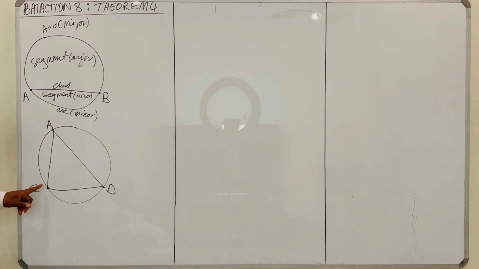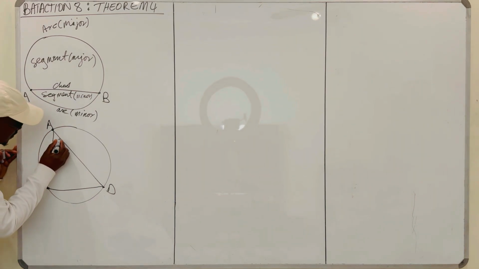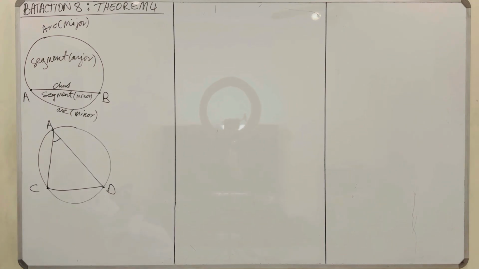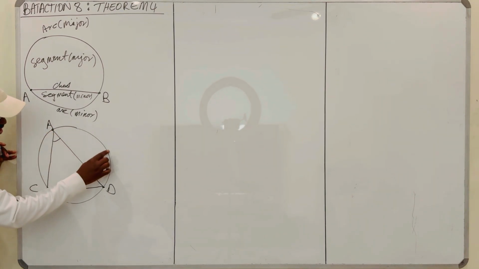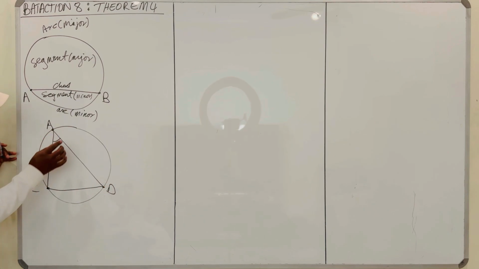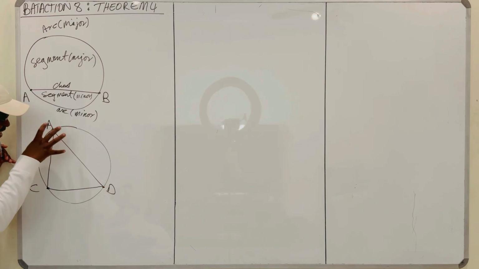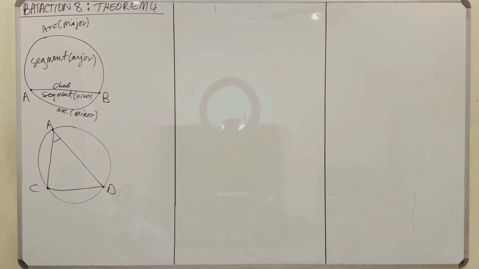So the angle is inside the major segment. This is your major segment. Can you see it? So angle A is subtended inside the major segment.